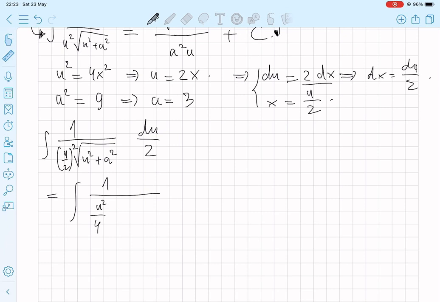So it will be equal to u squared over 4 multiplied by the square root of u squared plus a squared.